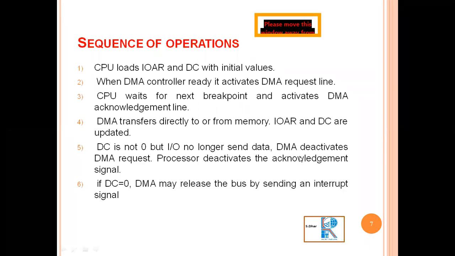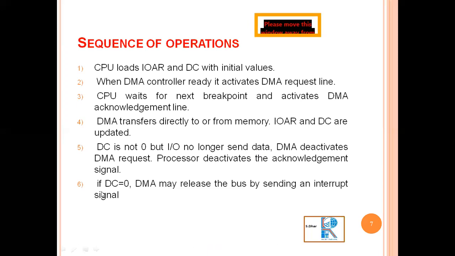In this case, DMA deactivates the DMA request line and tells the CPU that it doesn't require the address line or data line further, you can use it. The processor deactivates the acknowledgement line at the same time. So now the processor can use the bus for transferring data from memory to register or register to memory.